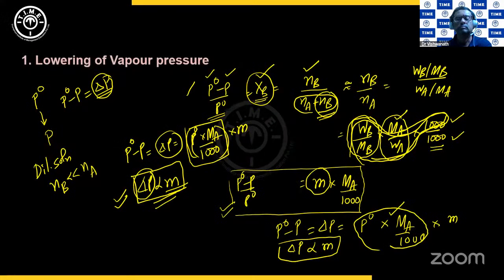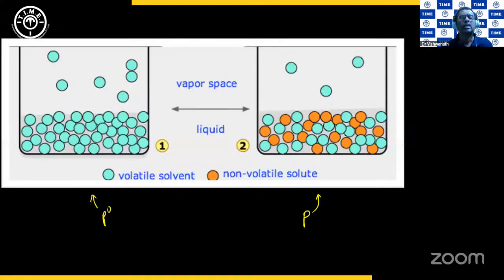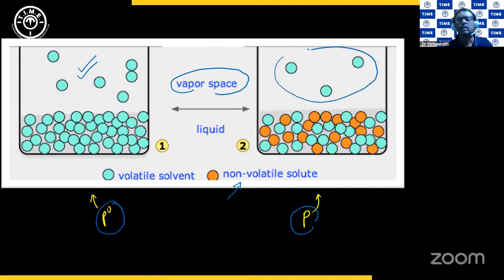Moving back, we'll take up now what happens to the vapor pressure. This is the solvent, and you have added a non-volatile solute. When you add a non-volatile solute, the P0 is brought down to P. Are you able to see the number of solvent molecules on top in the vapor phase? And how the number is coming down when you add a non-volatile solute?